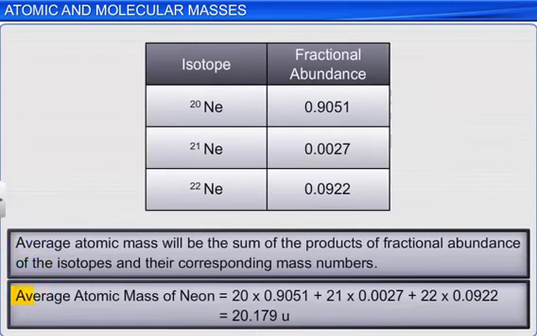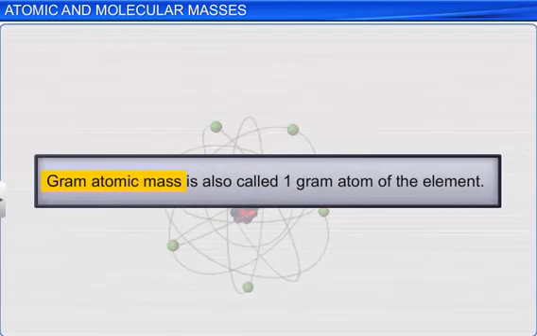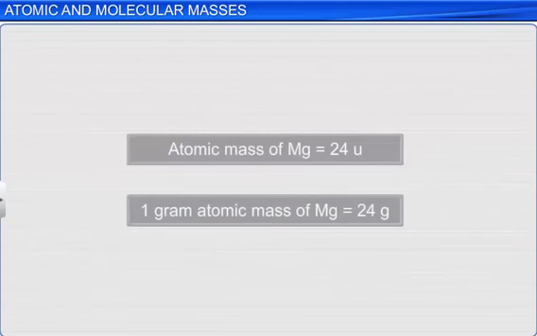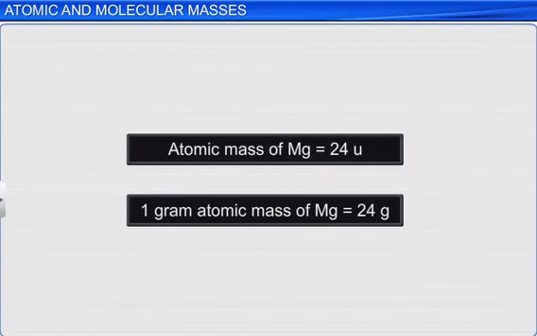The average atomic mass of neon will be calculated as 20.179 U. When the atomic mass of an element is expressed in grams, it is called gram atomic mass. Gram atomic mass is also called 1 gram atom of the element. For example, 1 gram atom of magnesium is its atomic mass expressed in gram, which is 24 gram.